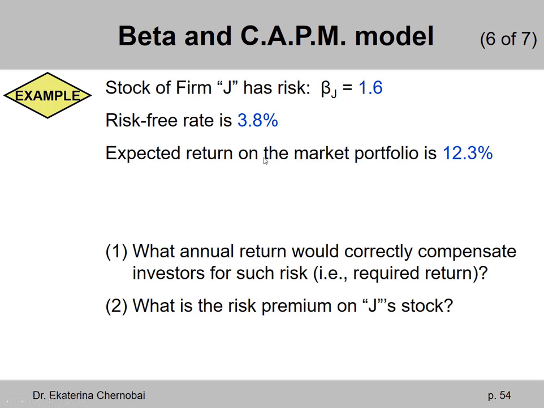The expected return on the market portfolio is 12.3%. Let's calculate two things. One, what annual return should correctly compensate investors for such risk? This question could be phrased differently. What is the required return on firm J's risk? And the second question is, what is the risk premium on J's stock?